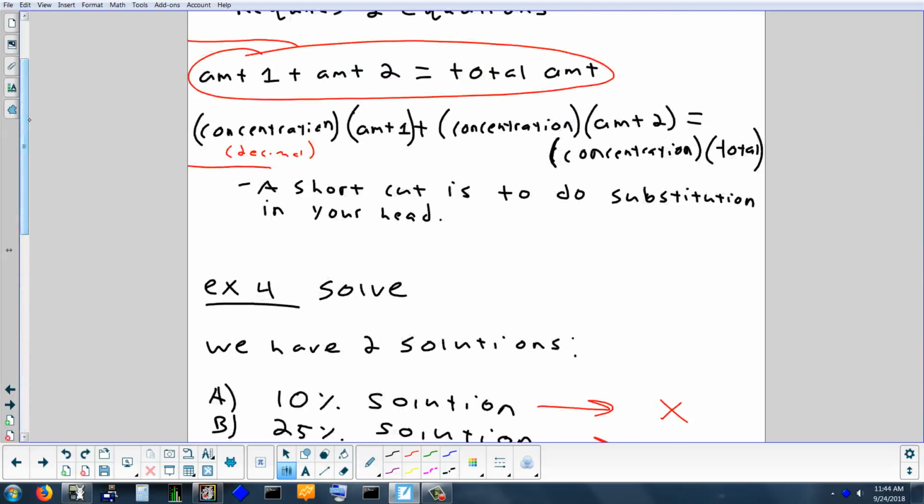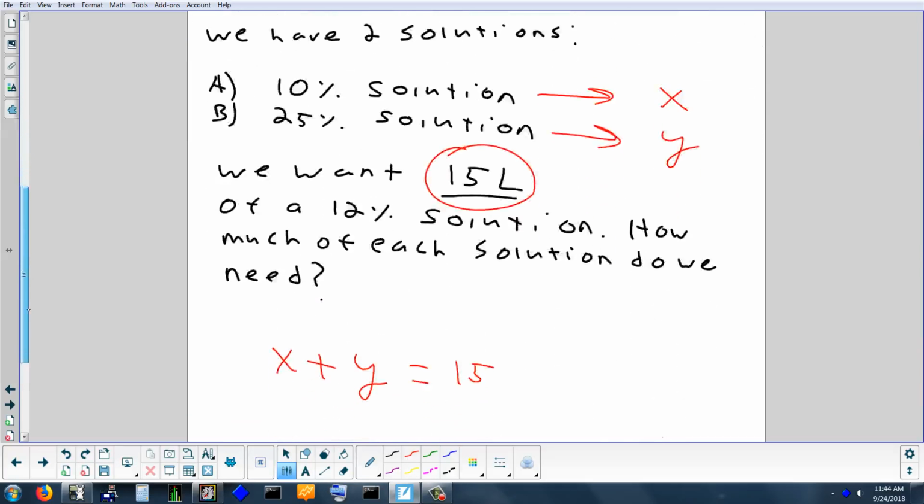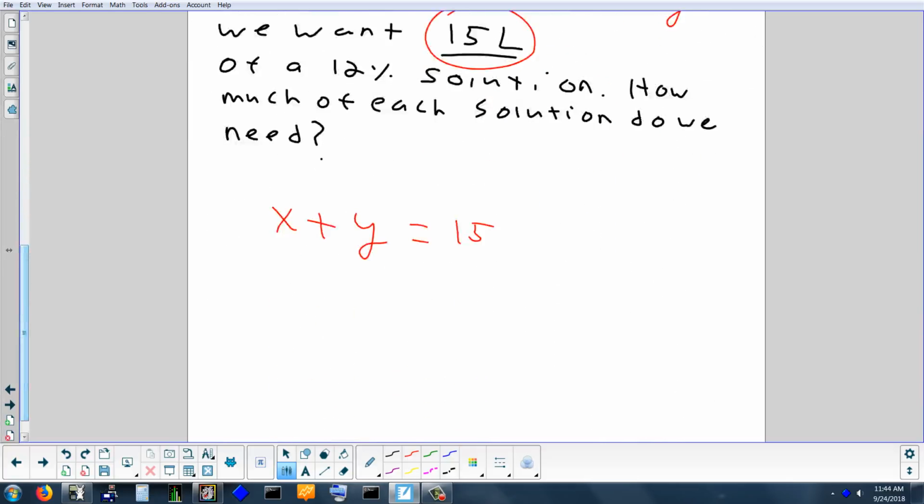Second equation. It's all concentration times amount plus concentration times amount equals concentration times amount. So let's start with our first concentration as a decimal. Renee, what's my concentration of the first solution? 0.1. Yep, 10% or 0.1. So concentration is 10% times how much of that solution are we going to use?